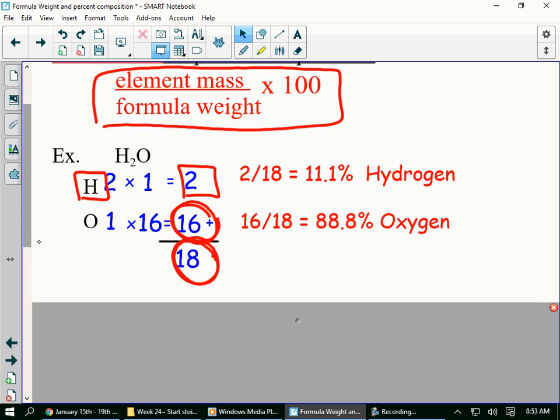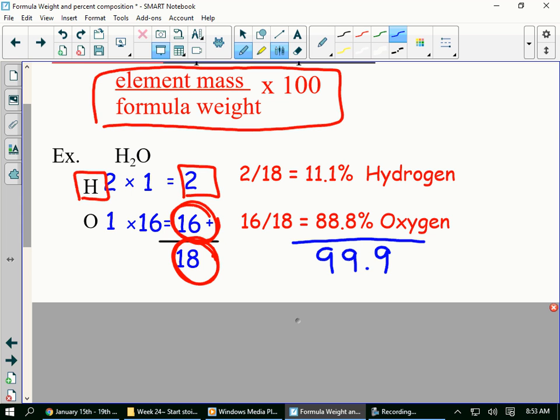Now, when you take this quiz on Friday, it's going to be very nice because you'll be able to immediately tell if you are correct or not within a margin of error. If I add 11.1 and 88.8%, do I get exactly 100%? No. And let's talk about why. We've already rounded off the periodic table, so you might not calculate it back out to 100%.